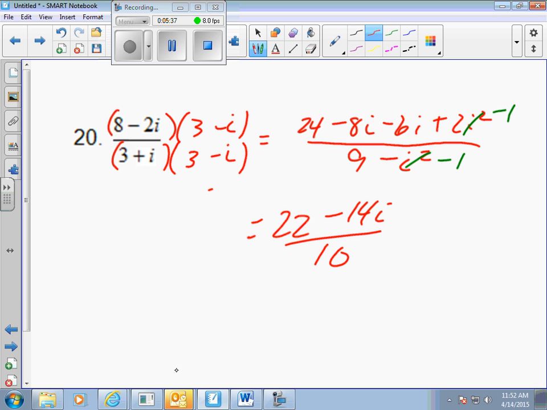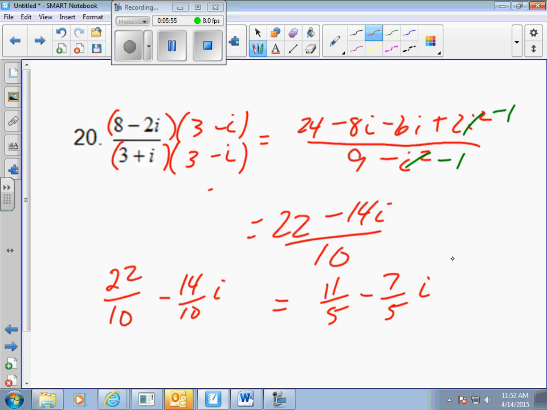Now again, we need to split it into the a plus bi format. So I get 22 tenths minus 14 tenths i. And to simplify, because everything's divisible by 2, I'm going to write it as 11 fifths minus 7 fifths i. And that would be simplest form.